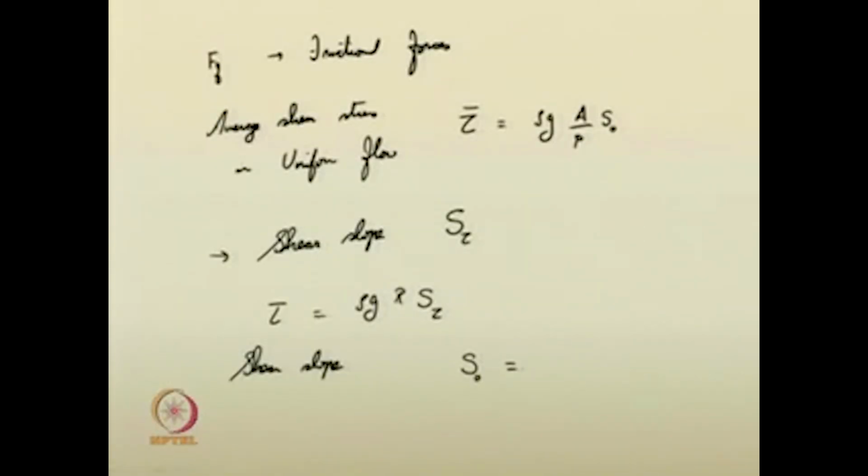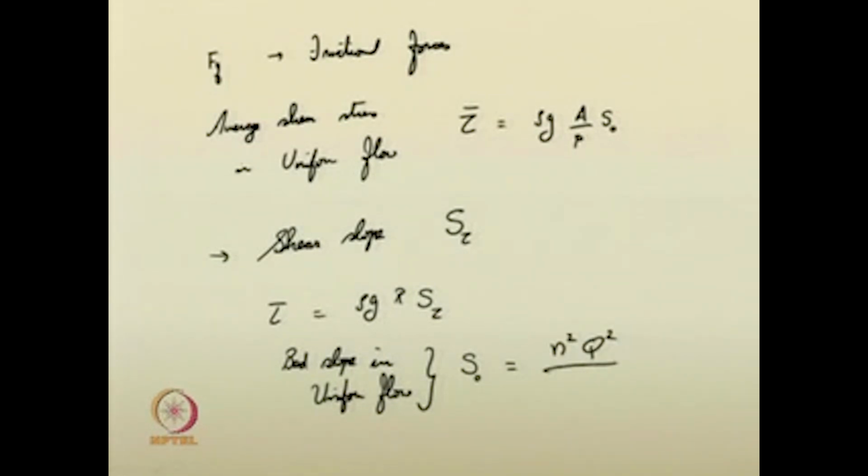Therefore, you were able to use the bed slope directly in computation, in Manning's equation and all. The bed slope in uniform flow was given as the square of Manning's roughness coefficient, n squared, times q squared by A squared R to the power of 4 by 3.